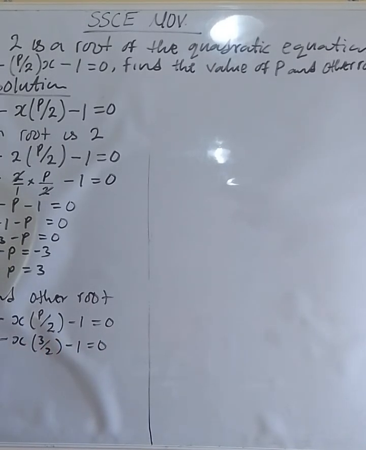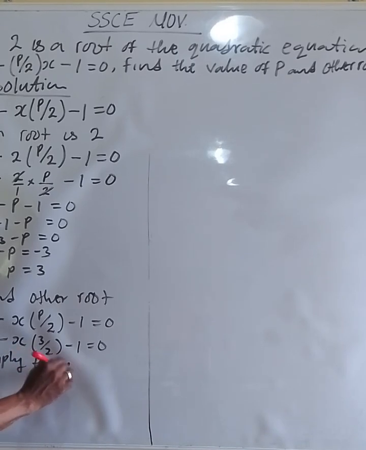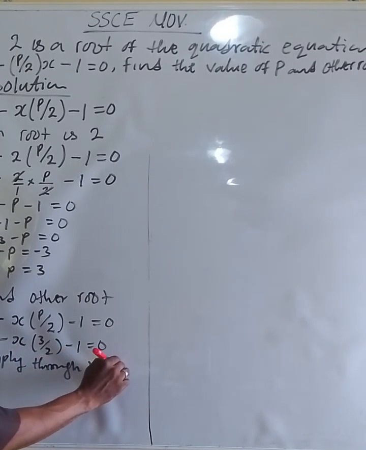So we have the equation already. So what we are now going to do is this 2 is a fraction, you understand? So for us to clear the fraction here, we are going to multiply everything by 2. So we say multiply all through by 2.